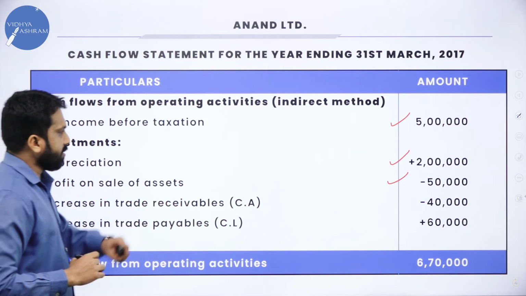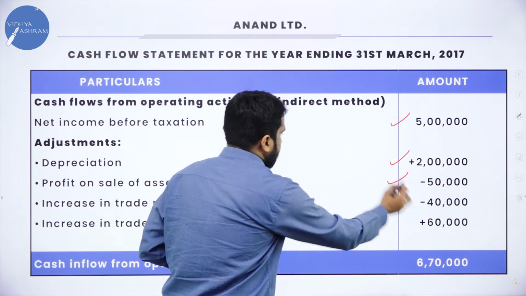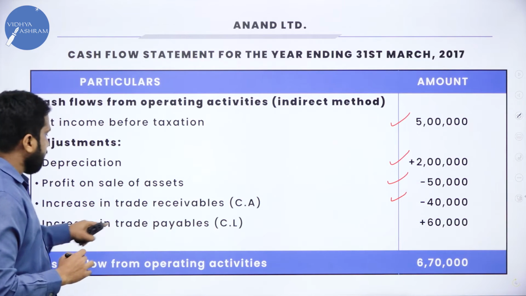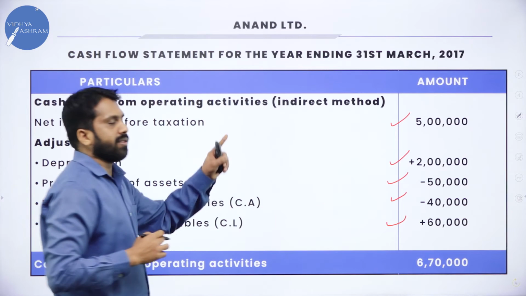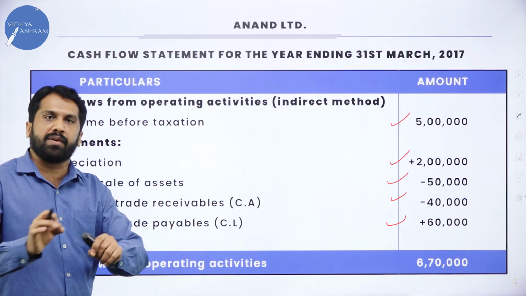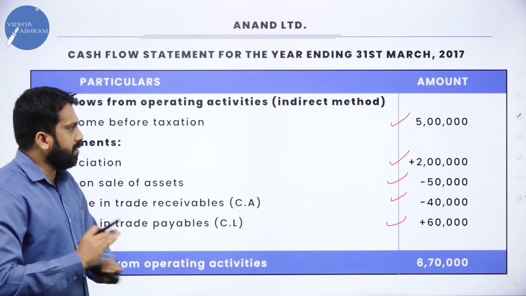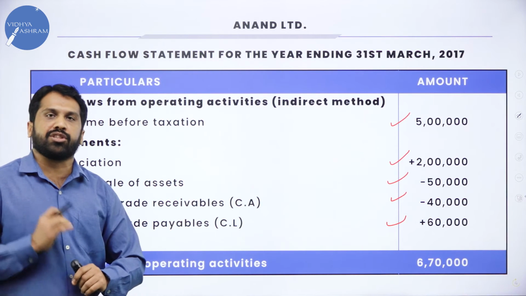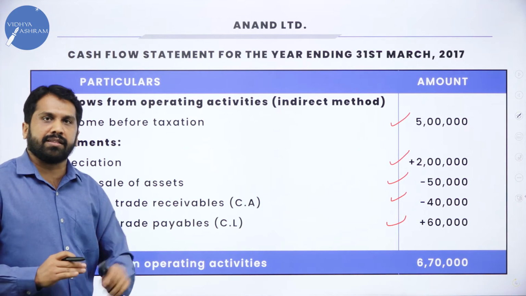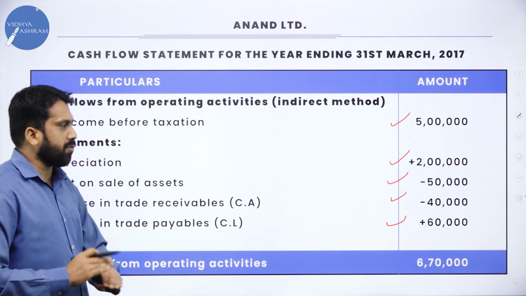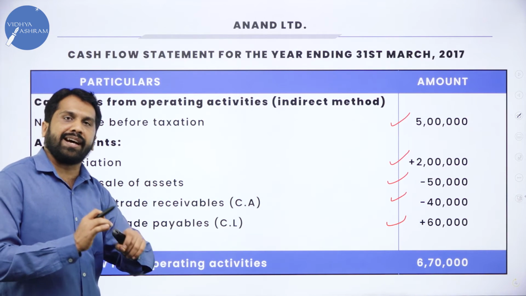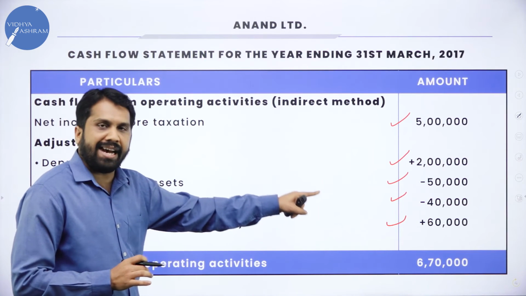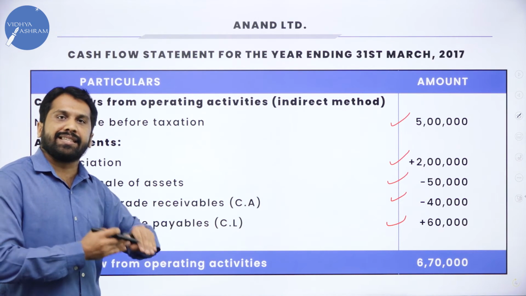Increase in trade receivable, minus. Increase in trade payable, add. So this is a simple calculation. You will not get any extra adjustment in this, no further calculation, no formula. Just a simple format. You should identify whether it should be added or deducted.